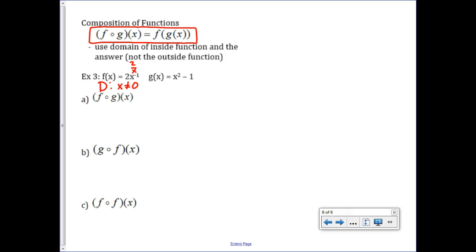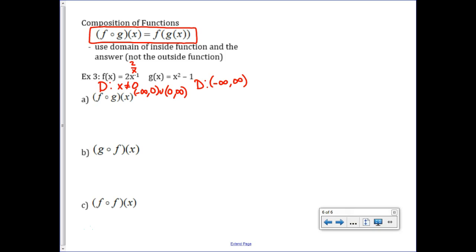So you could write that as negative infinity up to 0, union 0 to infinity. Then x squared minus 1, there shouldn't be any restrictions on what we could put inside that x squared value. So your domain here would be negative infinity to infinity.